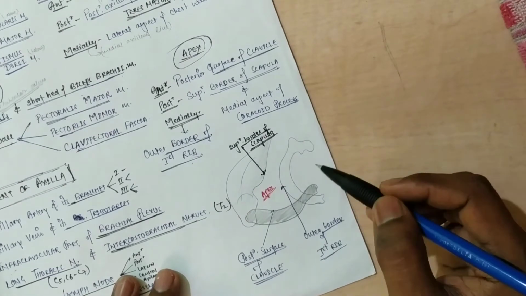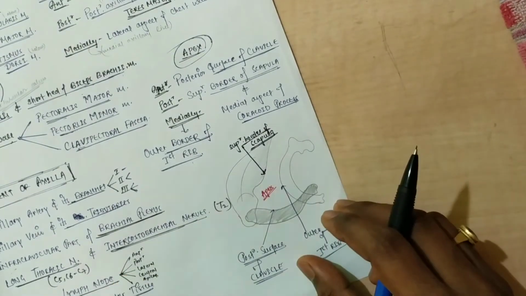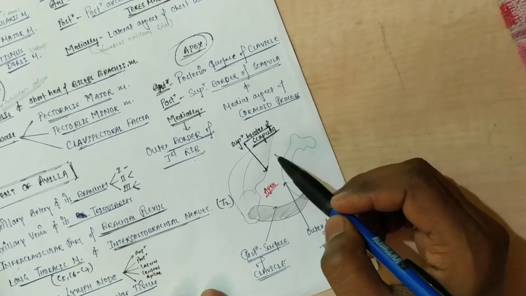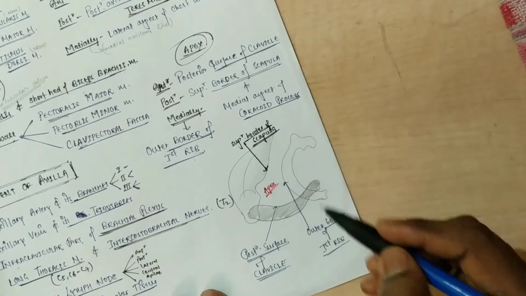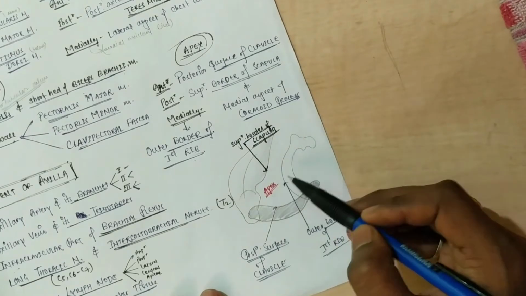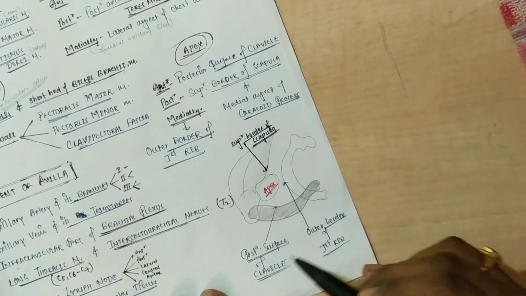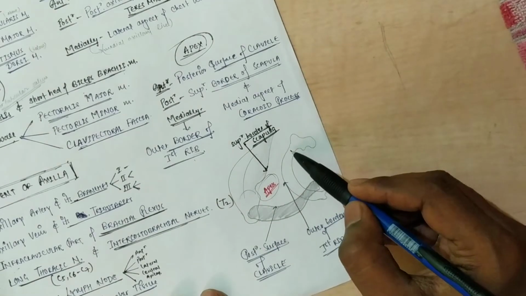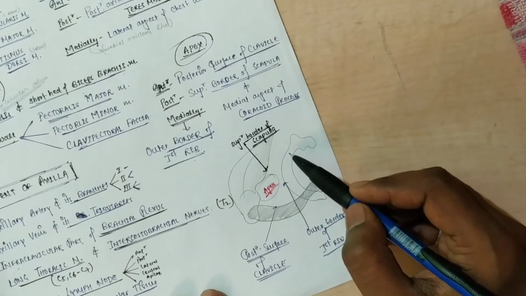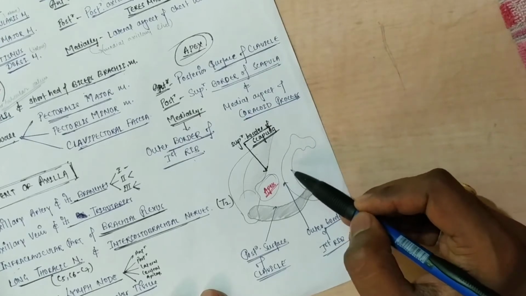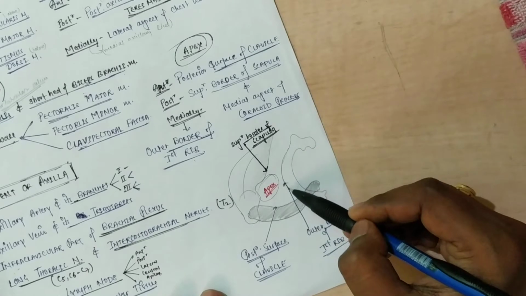What is the cervico-axillary canal? It has mainly three boundaries. When we see this canal in the apex, the medial boundary is bounded by the first rib, the outer border of the first rib.